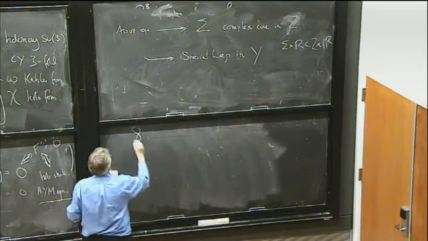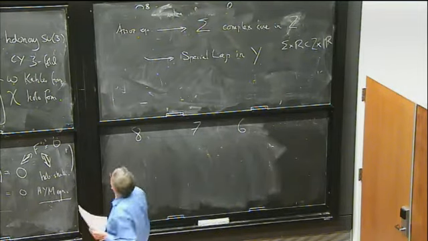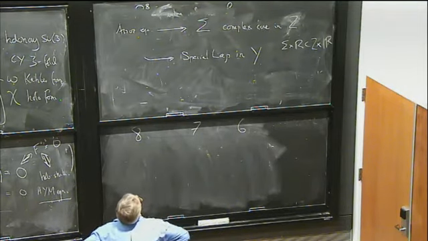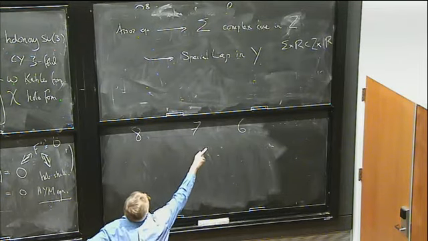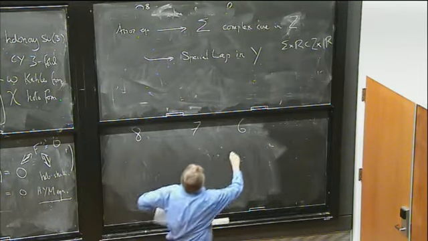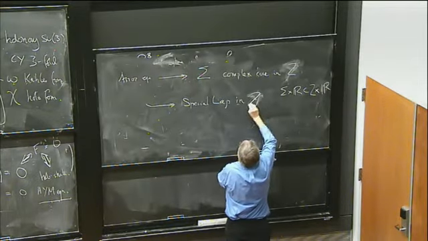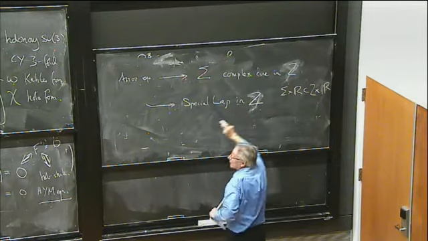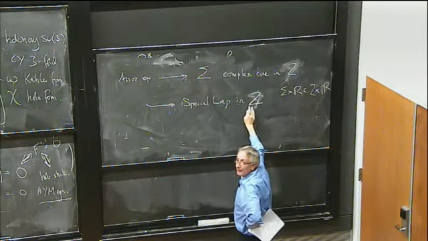We had dimension 8. Sorry, that's right, this should be Z. Another way of getting an associative is to take a special Lagrangian in your 6-manifold and just include it in.